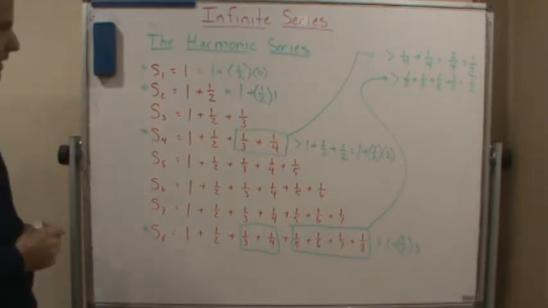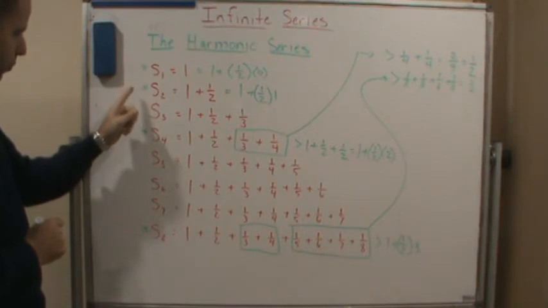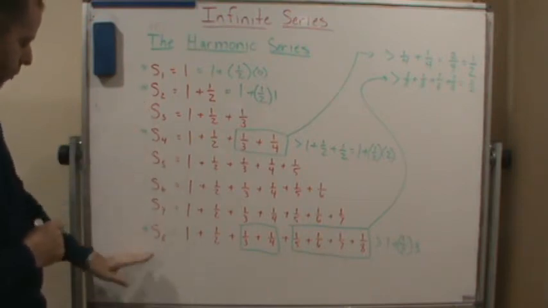Now we see this pattern with these partial sums at S sub 1, S sub 2, S sub 4, S sub 8.